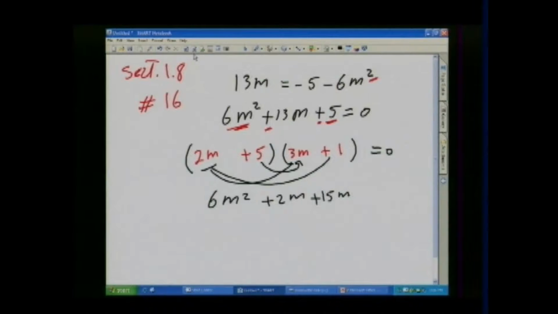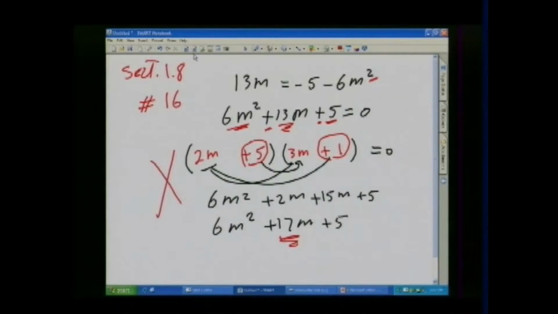And 5 times 1 is plus 5. When you simplify this, it would be 6m squared plus 17m plus 5. Well, here it gives you 17m, but you had to come up with 13m. So this position of 5 and 1 this way is not correct.